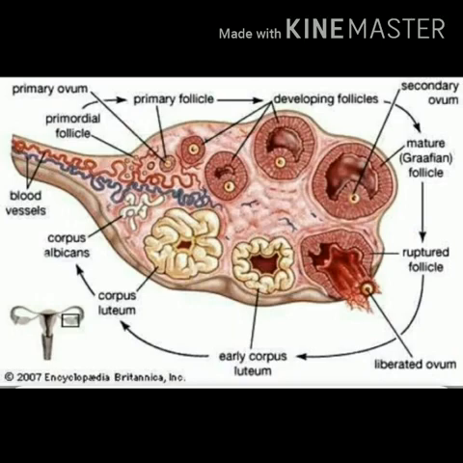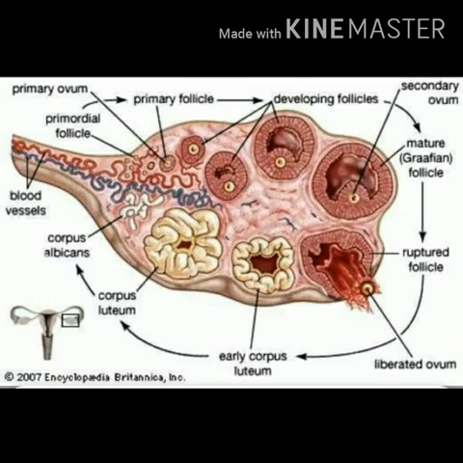The cyclic change starts with menarche, that is the start of the menstrual cycle at the age of 13, and the stop of the cycle happens at the age of 45 to 55 years. It is called menopause. The period between menarche and menopause is the reproductive age of the female and is approximately 32 years. Okay, this is the development of ovary before puberty.